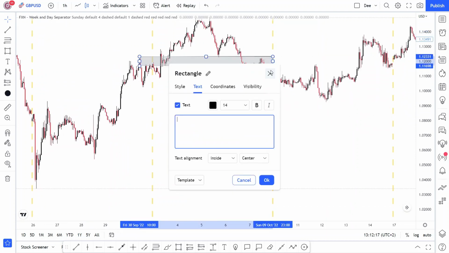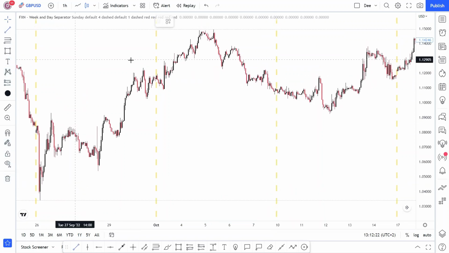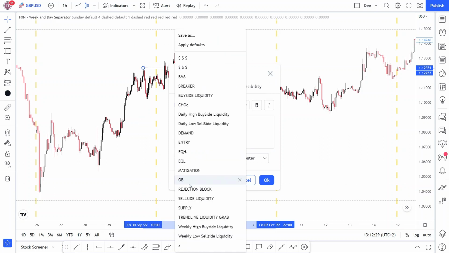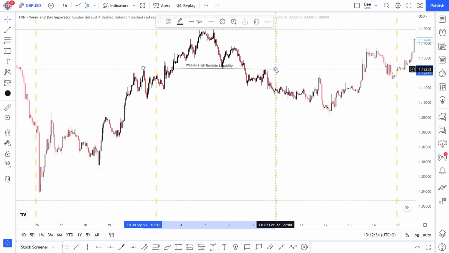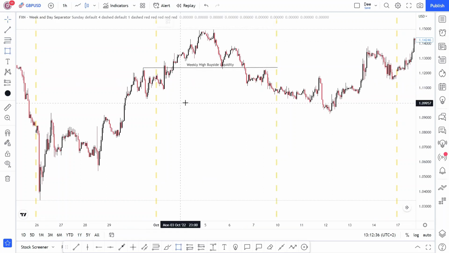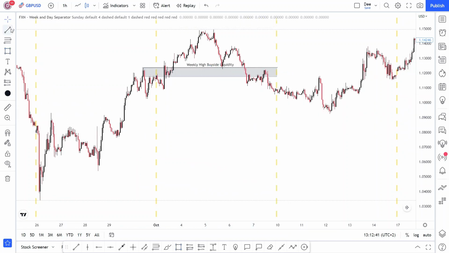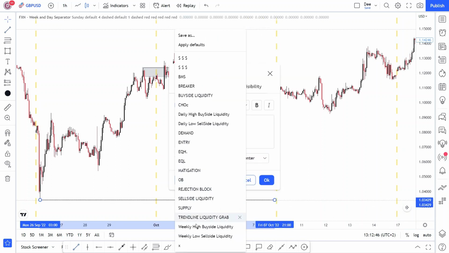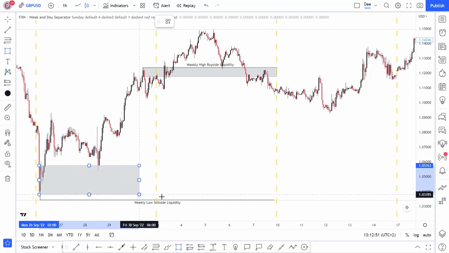Okay, let me just remove everything. So this was the high of the previous week, and you track it. This was the weekly high buy side liquidity, and this was the resistance, and this was the weekly low sell side liquidity, and this was the support.